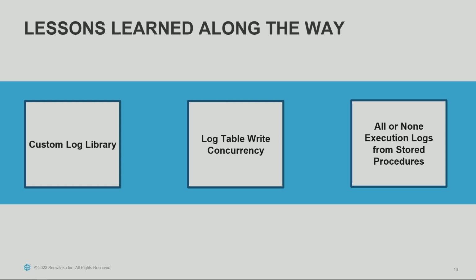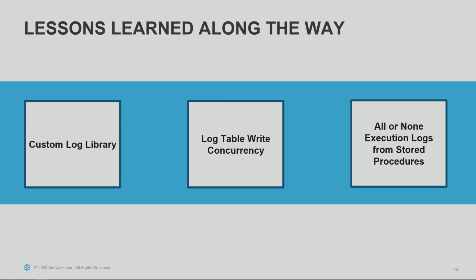In order to store the logs, we use regular Snowflake tables, and Snowflake tables have write concurrency limits. If multiple stored procedures are trying to push the logs at the same time, we would probably hit the write table concurrency limits. So we have some workaround in place in terms of limiting the number of times stored procedures write logs as part of their execution, which leads us into our final, the third one.